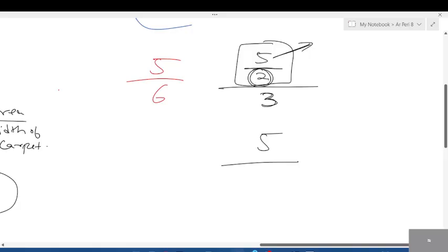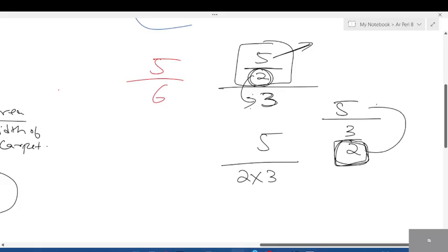This 2 will get multiplied to which one? 2 will get multiplied to 3. Okay, this is the concept. Next, 5 divided by 3 divided by 2. What happens to this denominator now? This denominator will get multiplied to the numerator. So it becomes 5 into 2 by 3.